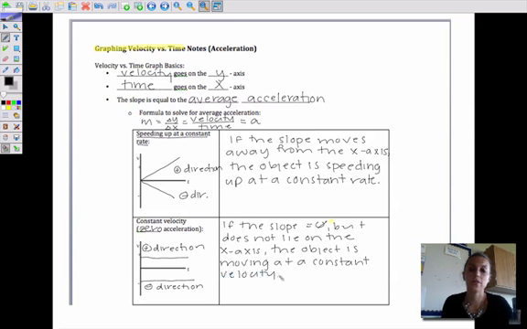And like I just said, if it's moving at a constant velocity, that means its velocity is not changing. So if the velocity is not changing, that means that the acceleration is also going to be 0.